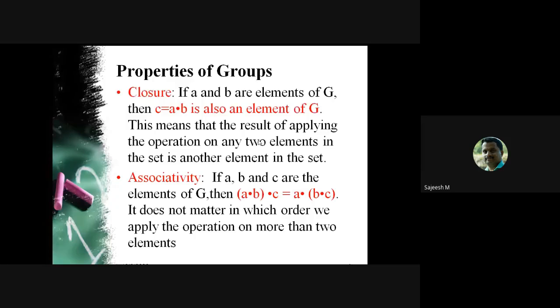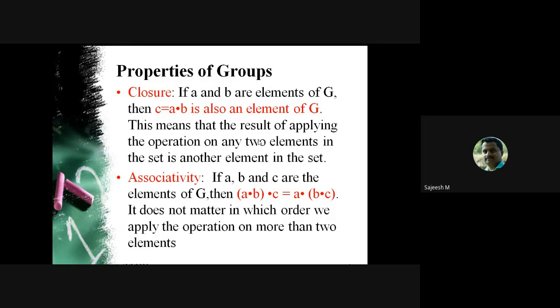The first one is the closure property. If A and B are elements of G, then C equal to A dot B, where the dot represents that operation, for example addition, is also an element of G. This means that the result of applying the operation on any two elements in the set is another element in the set.